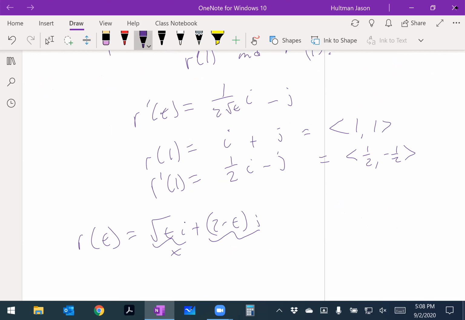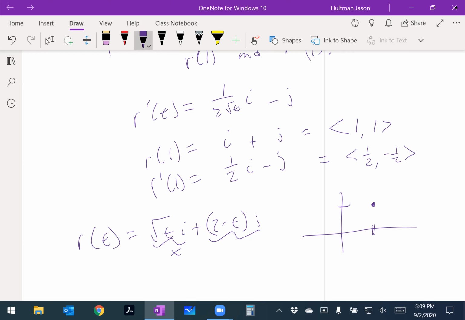When t is 1, what do we get? We're going to be at 1, 1. Does that make sense?